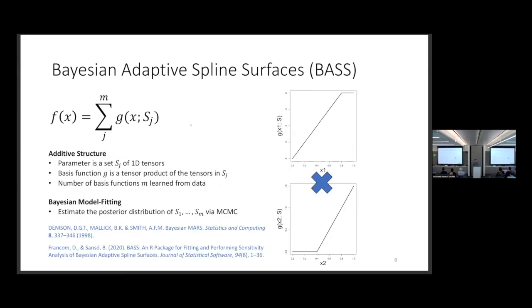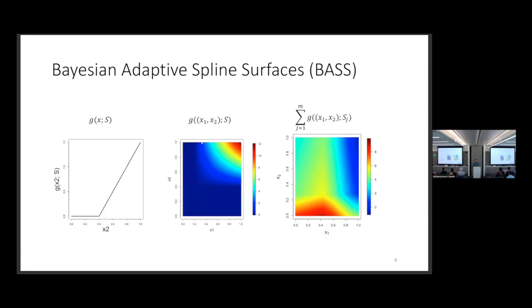So I won't have time to go through this in great detail, but here's another example of Bayesian nonlinear regression. It's called the BASS model, or Bayesian Adaptive Spline Surfaces. This is also known as Bayesian MARS, or BMARS. It fits into the same framework, but instead of trees, you have these tensors, and then you take a tensor product of a set of tensors to represent the mean function, and then you add together these basis functions to get your final prediction.